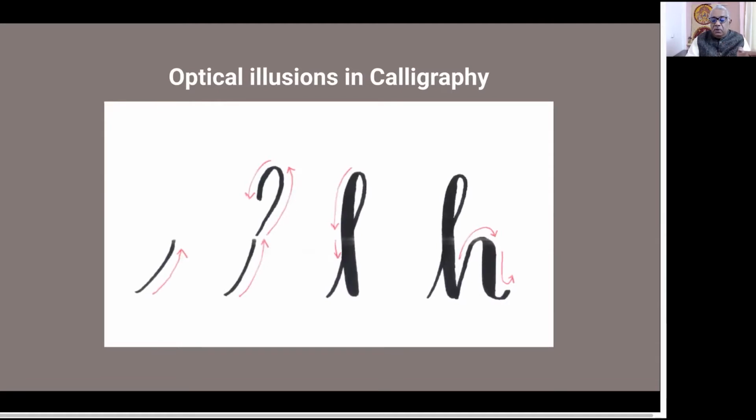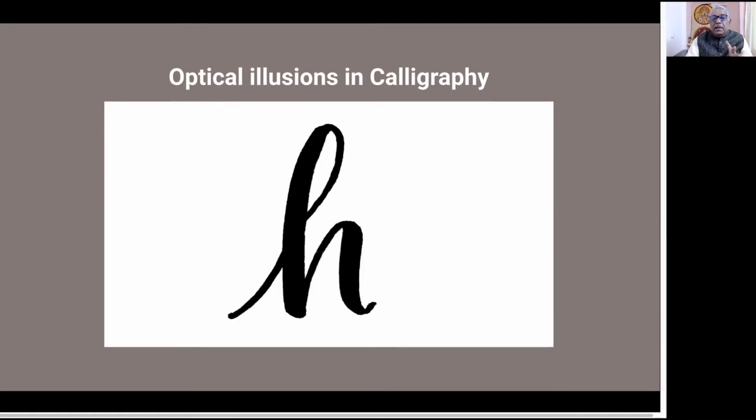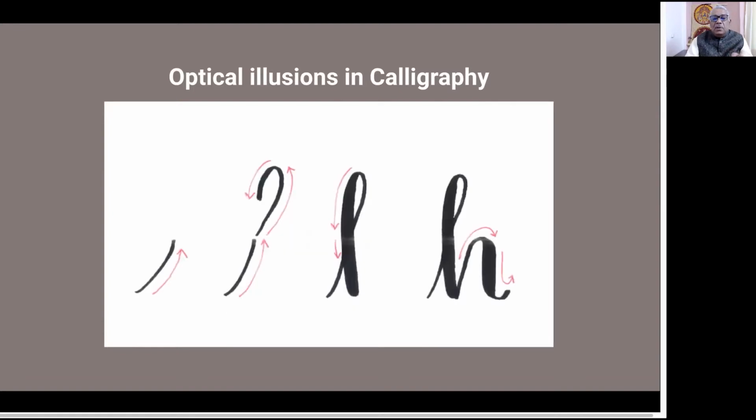If you look at lowercase h, this is the sequence of strokes. The first one is an upward stroke, and after that you make a pause here, and then you deliberately change the angle of the upstroke and then take it down.